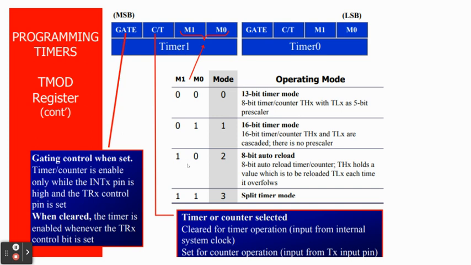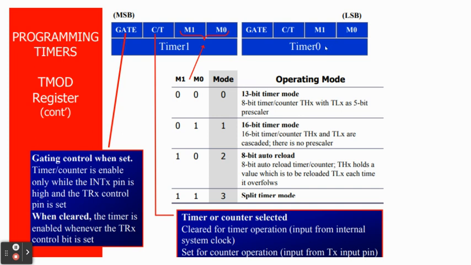And if it is 10, that means it's mode 2. And if you want to use mode 3, that means you have to put M1 as 1 and M0 as 1. So this M1, M0 can be 00 for mode 0, 01 for mode 1, 10 for mode 2, or 11 for mode 3.